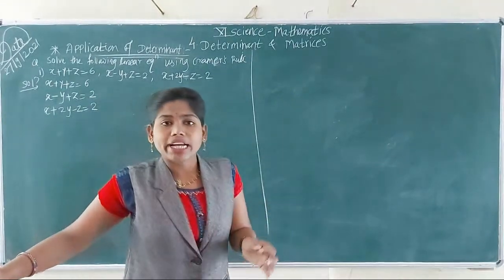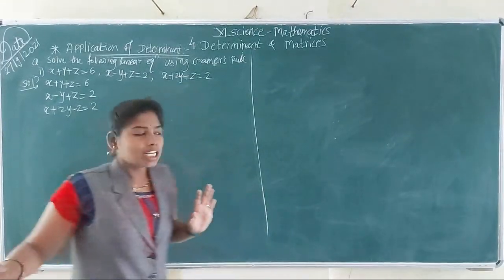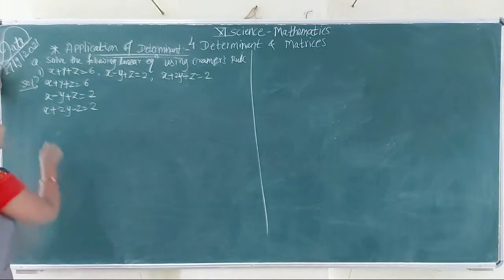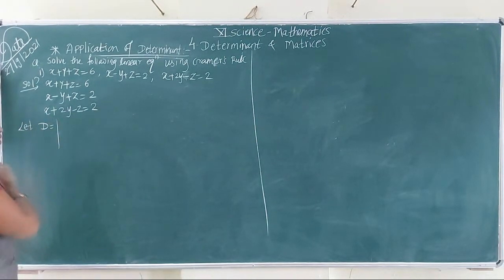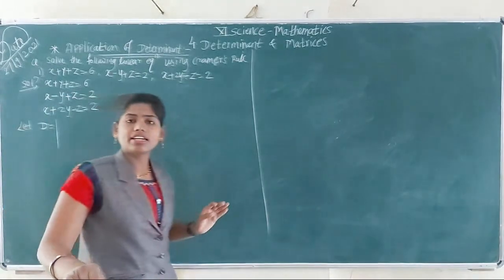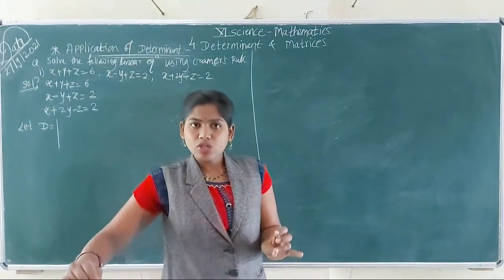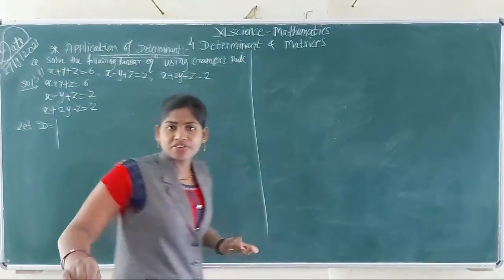Then first find the value of determinant D. Let D be equal to the determinant of the coefficients. In the first column write the coefficient of x.